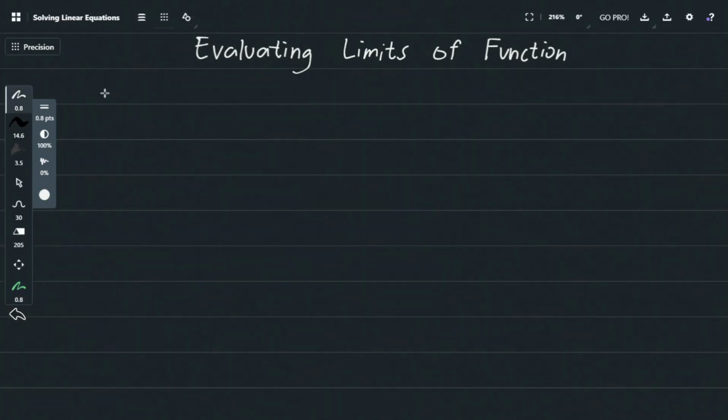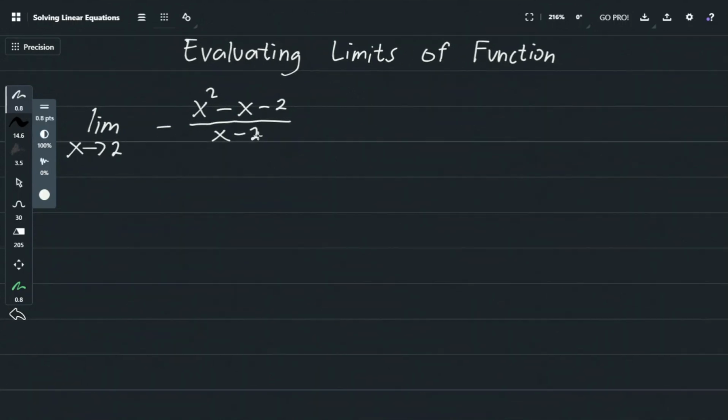Okay, so let's have another example. Limits of negative x squared minus x minus 2 all over x minus 2 as x approaches 2.